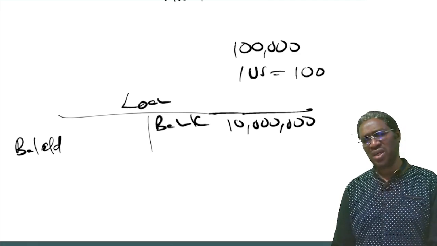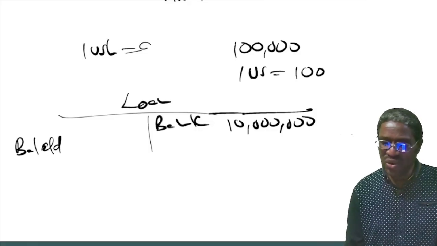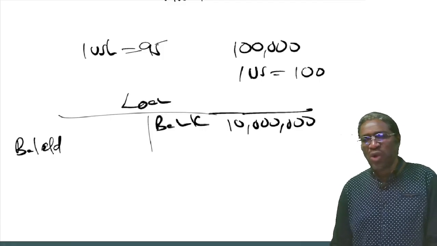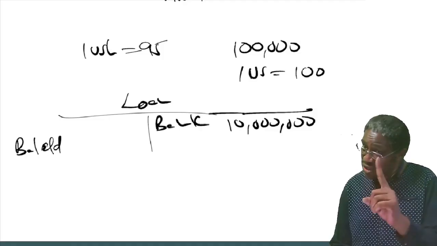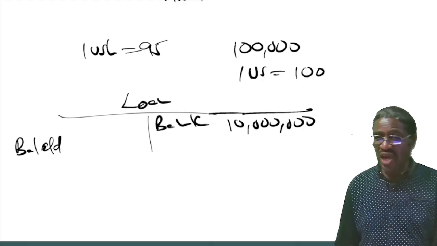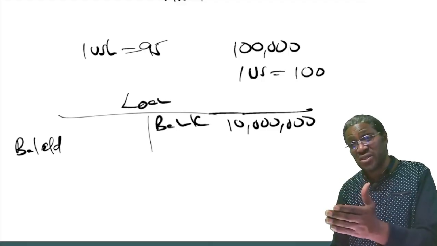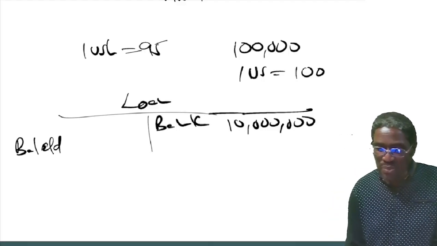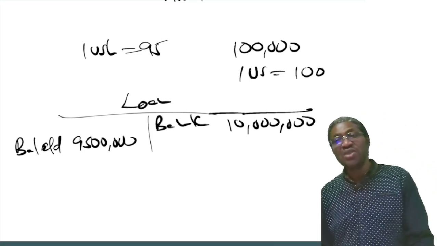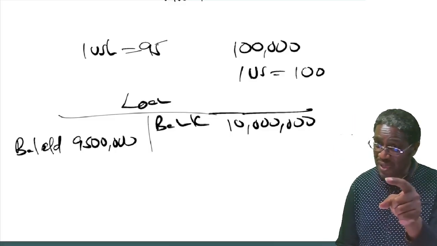Suppose at the end of the year, $1 US is equivalent to 95 Kenya shillings. So you are going to carry down a loan of $100,000, but not in dollars. You're going to carry it down in shillings. Therefore, if at the end of the year the dollar is equivalent to 95 Kenya shillings, then it means you will need 9.5 million shillings to raise your $100,000. Are you there? Good.